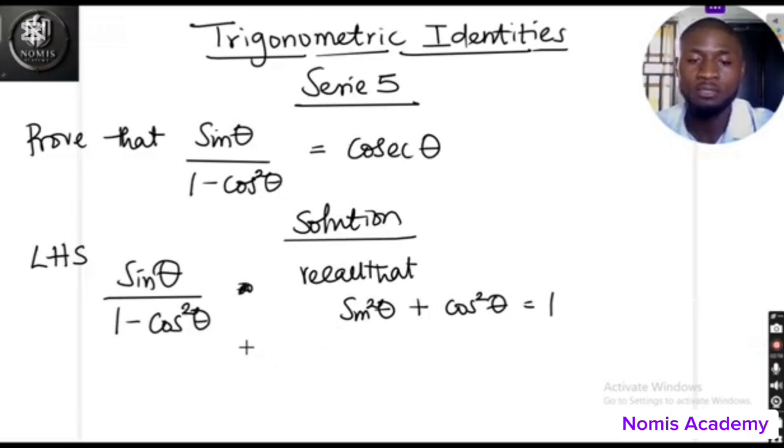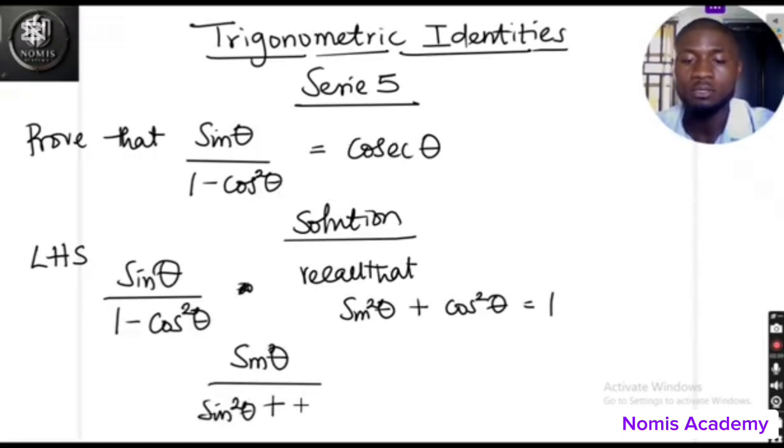So now it becomes sine theta all over, this 1 becomes sine squared theta plus cos squared theta, now minus cos squared theta. So now we have minus cos squared theta plus cos squared theta.